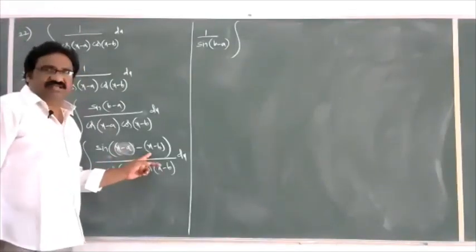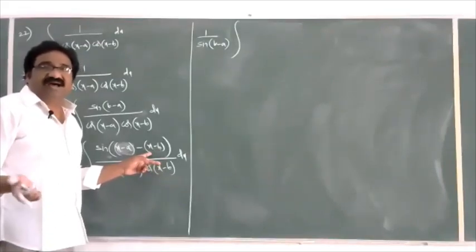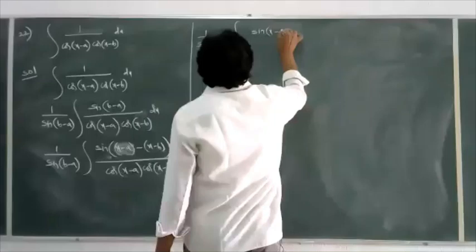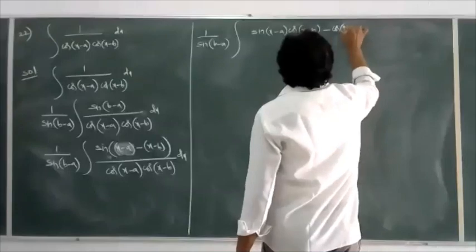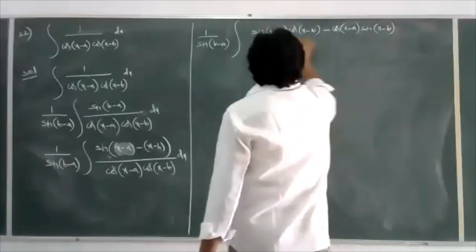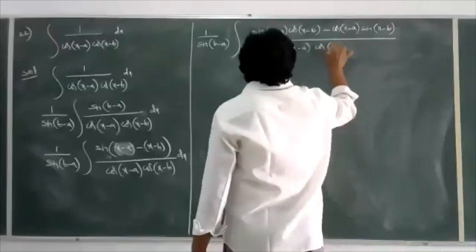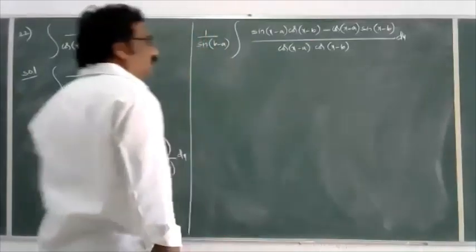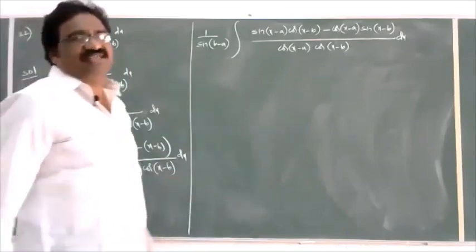So this is sine of x minus a into cos of x minus b minus cos of x minus a into sine of x minus b, by cos of x minus a into cos of x minus b dx.